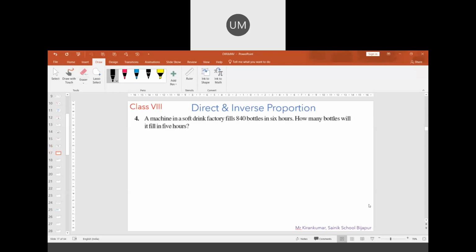Let's look at question 4. A machine in a soft drink factory fills 840 bottles in 6 hours. How many bottles will be filled in 5 hours? Whenever they give a question of this type, it's easy if you write them in a tabular column.